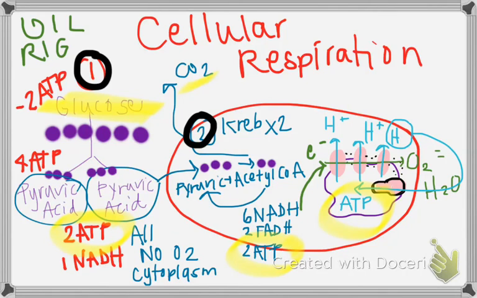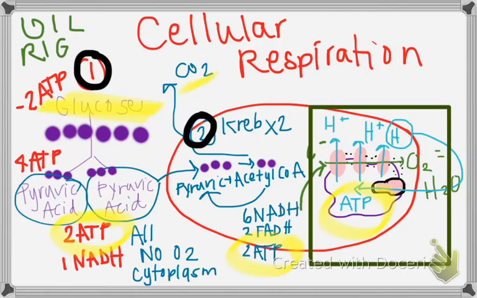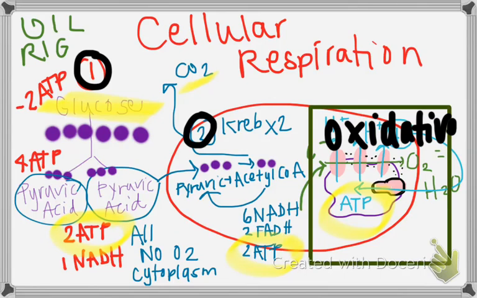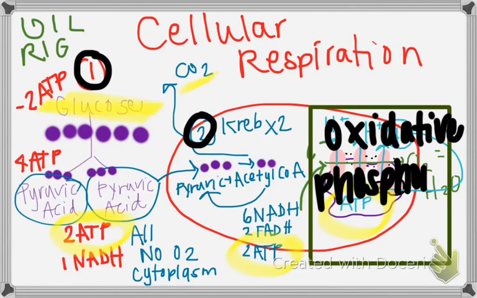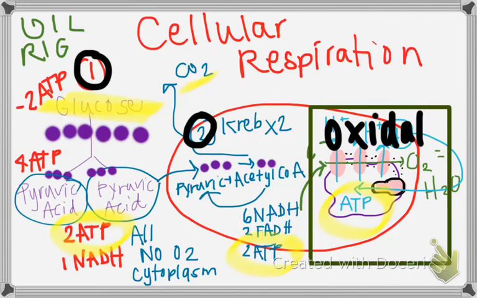So the third step we would say is oxidative phosphorylation. So steps 1 and 2 are substrate level phosphorylation. Step 3 is oxidative phosphorylation.